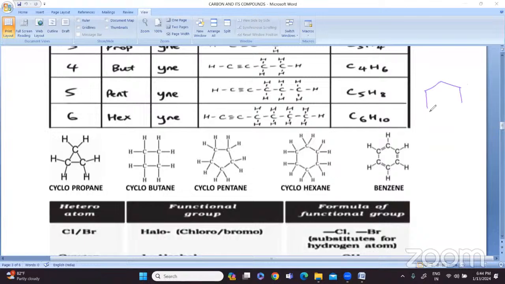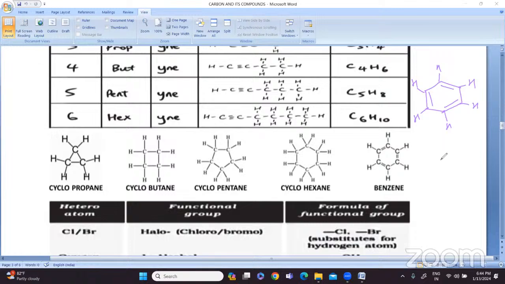Now, what is the benzene structure? In the benzene structure, you have alternating double bonds, and a single hydrogen on each carbon. When you write the structure, carbon will have valency 4. So I'll write it here properly with a dark color.